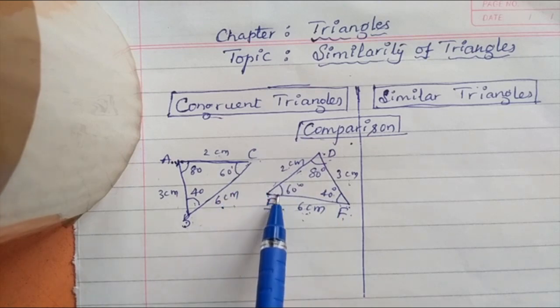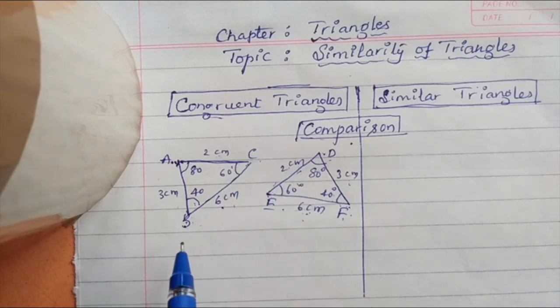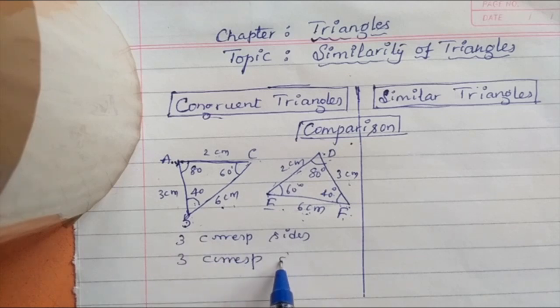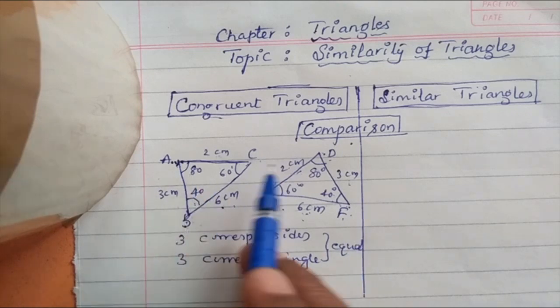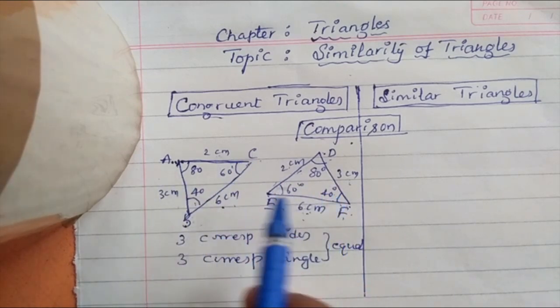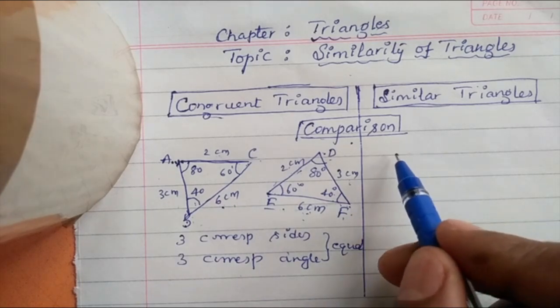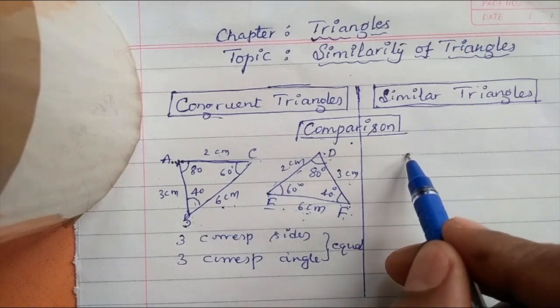C and E are respectively corresponding angles. So there are three corresponding sides and three corresponding angles that are equal from the two triangles. Let us see it for similar triangles.